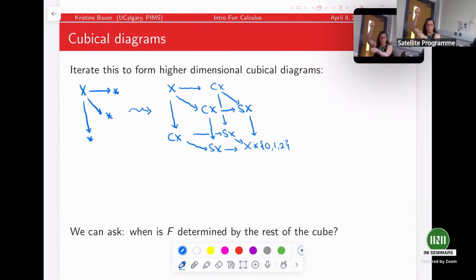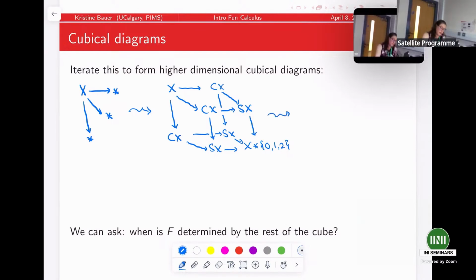Okay, that gives you a cone, and I'm just going to do it 3 times, and I get this 3-fold join. And so this construction in spaces is going to be motivation for the thing that we want to do in general. I'm going to move away from spaces today, but I think it's important to think about this one. And then what I want is to ask, when is f of x the homotopy limit of the resulting diagram?